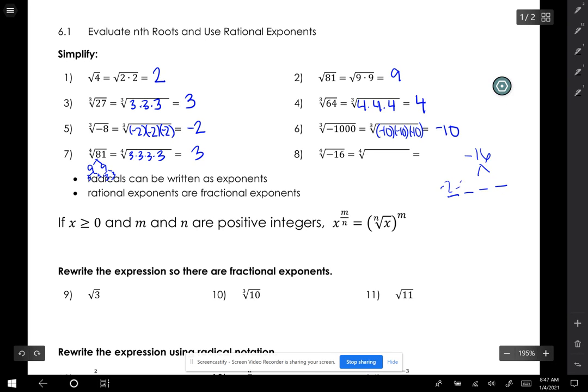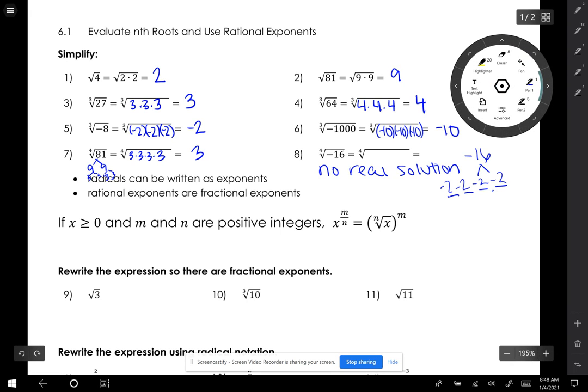Because even if we did negative 2s, those negatives would cancel out. Negative times a negative is a positive, and we have 2 sets of those, so we'd have a positive times a positive. So for this one, there is no real solution. When you're taking the even root of a negative number, there's no real solution.